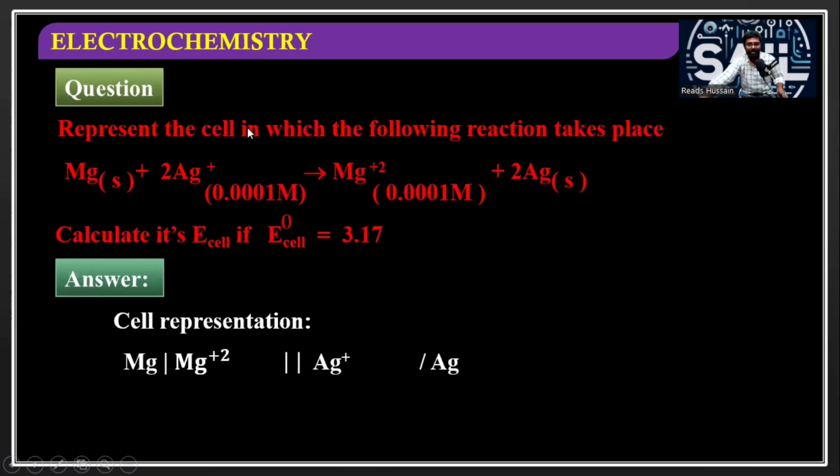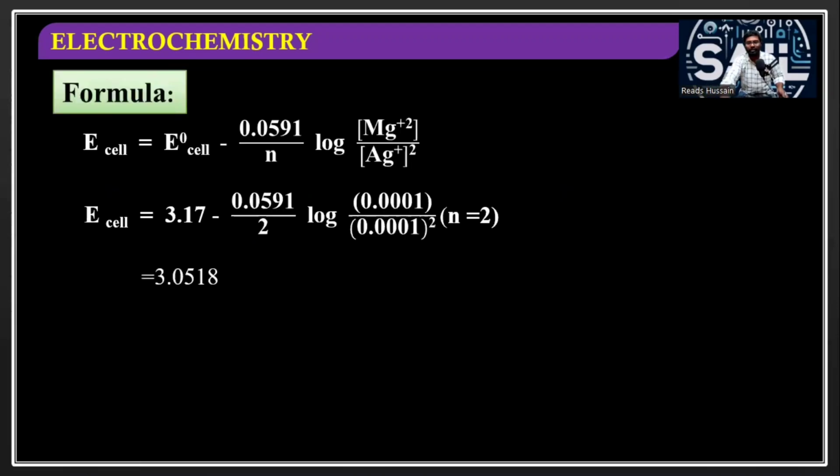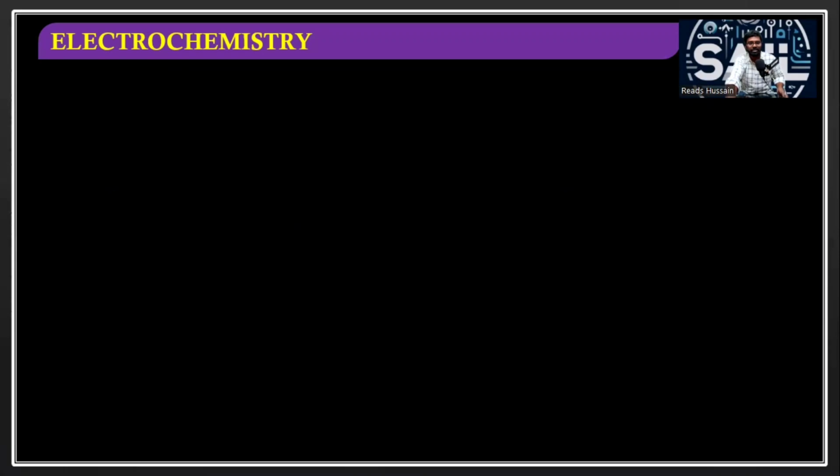So the number of electrons transferred is 2. So we have taken 2 in the place of N. Here the N value is 2. Okay, no need to worry. This is the first problem. Some of you may find it difficult to understand. No problem. But if you just keep on listening, you will surely understand.